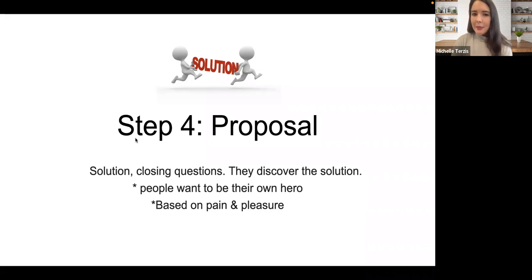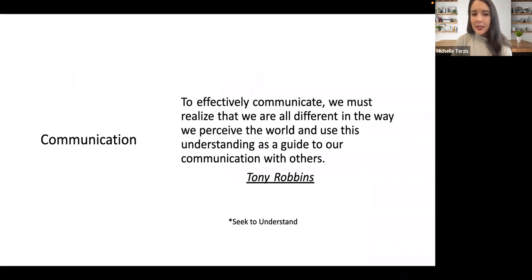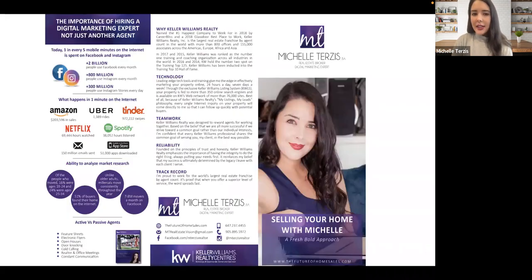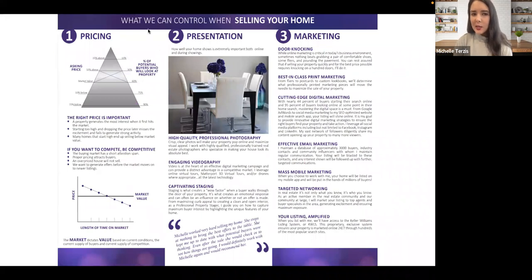From time to time, I'm going to go back to my listing presentation for a graph that I do find helpful. So you'll see here, it says pricing. I'll show them this graph and I'll say, look, if we price right where your house is worth, market value, we're going to get 60% of buyers in. If we price above, we're going to get less and less buyers.